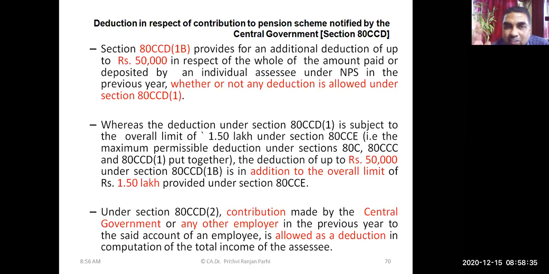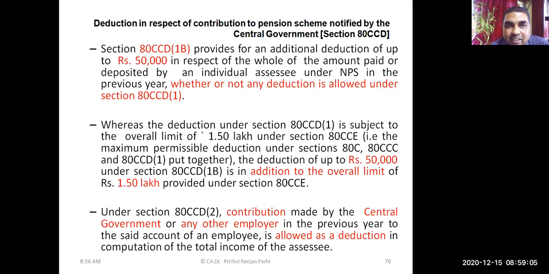It's an additional limit of 50,000 allowed for additional contribution to the National Pension Scheme. It doesn't matter whether the assessee has already availed some deduction under section 80CCD(1) or not, this additional deduction should be allowed. This is over and above the limit of 1,50,000 rupees.